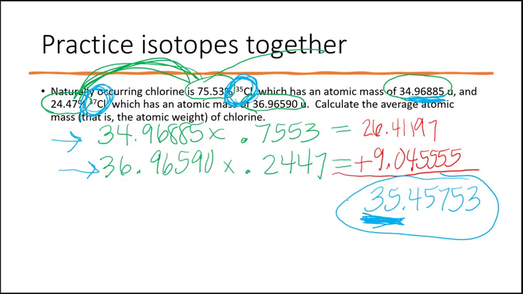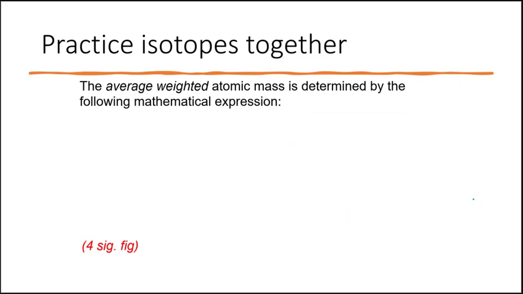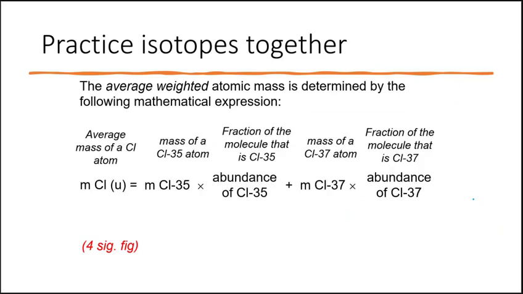Now what's it going to be closer to? 3/4 of it was 35. 1/4 of it was 37. So it'll be closer to 35, but greater than 35, right? So 35.457 makes sense. Here's an expression showing us what we're doing.